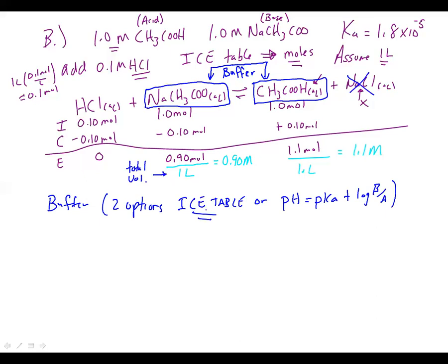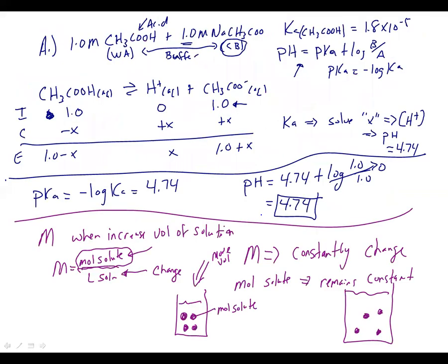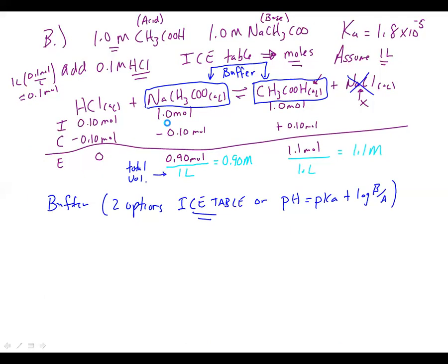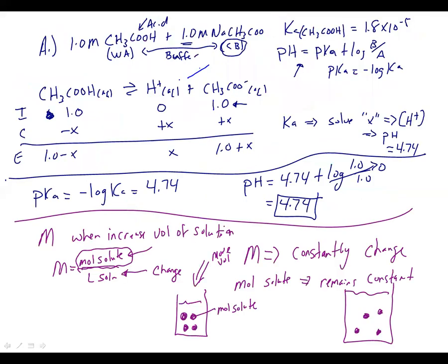So you may be asking, what is the ice table going to look like? The ice table is going to look like this table right here, what we did for part A. It's going to look just like how you could have done the ice table for part A. The only difference will be your initial concentrations, which would be your equilibrium concentrations from the first table.